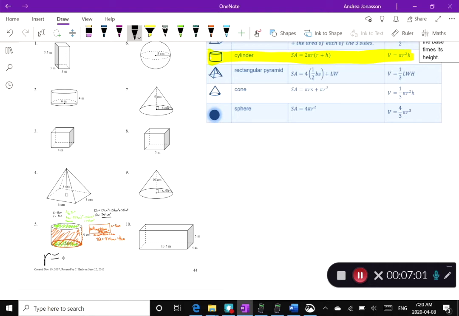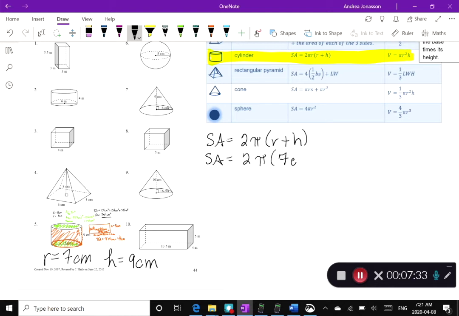The radius was 7 centimeters and the height was 9 centimeters. So the formula for the surface area of a cylinder is 2 pi r times r plus h, and this is going to take into account the top, the bottom, and the sides.